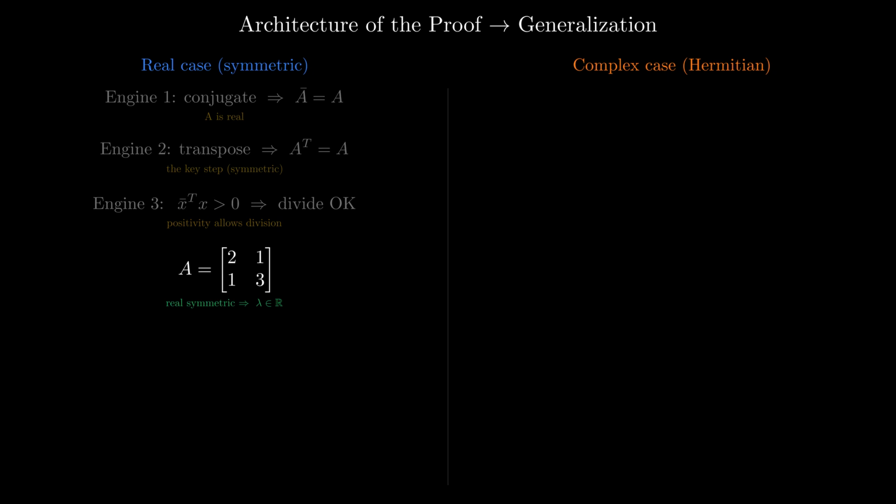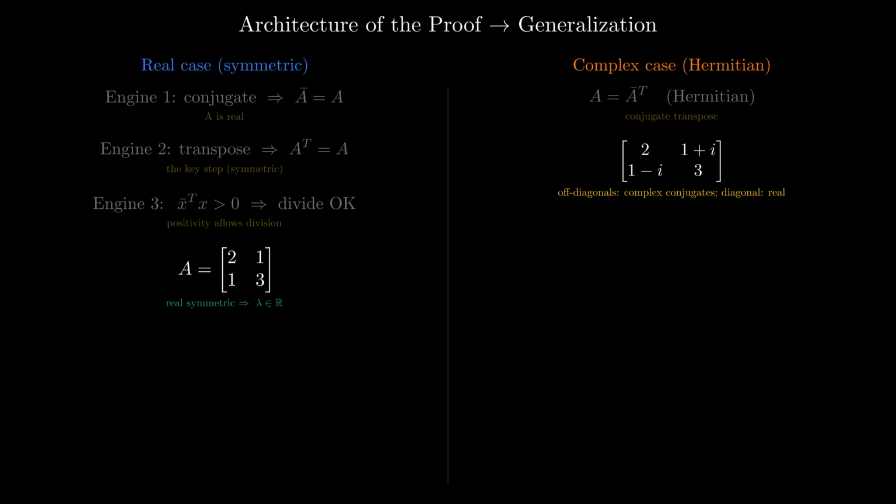Now let's generalize. If A has complex entries, then A transpose equals A is no longer the right condition. The natural condition becomes A equals A bar transpose, the conjugate transpose. Matrices satisfying this property are called Hermitian. For example, the 2 by 2 matrix with entries 2, 1 plus i, 1 minus i, 3 is Hermitian.